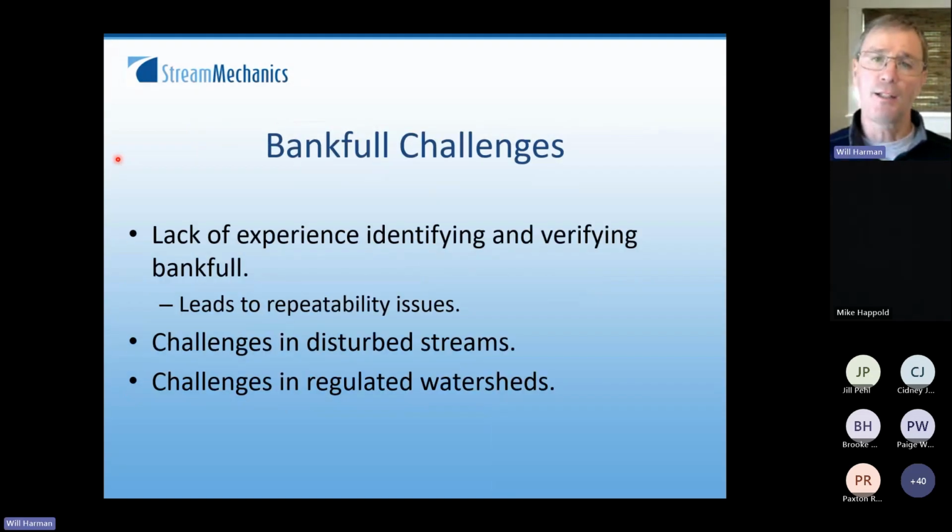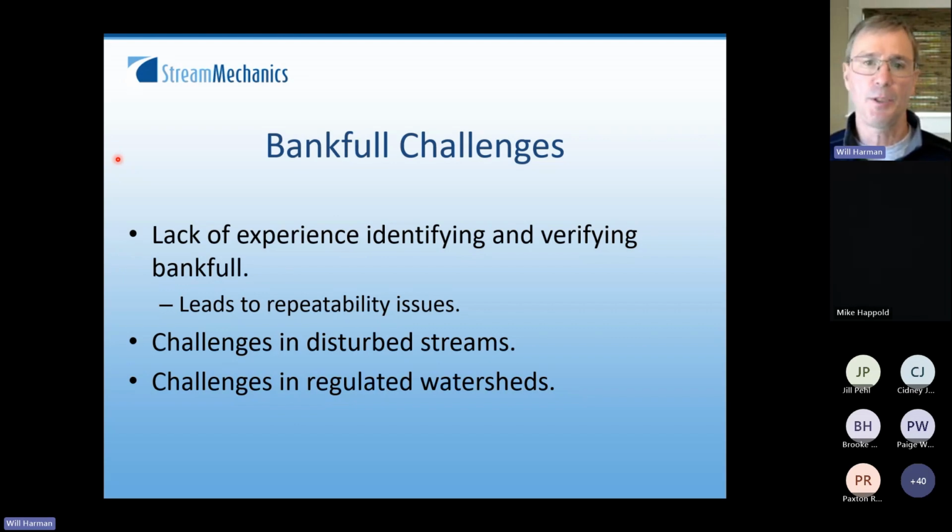All right, so the challenges that we have is first and foremost just a lack of experience identifying and verifying Bankfull. And I kind of will go back to a comment I made earlier where even though our intention is that only people who are experienced in these assessment methods will be using the SQT, that's just not the reality.